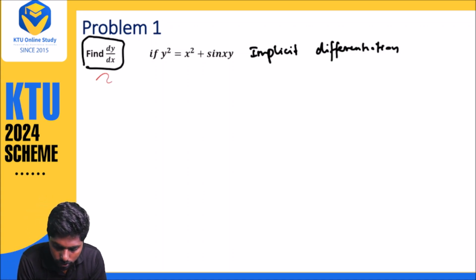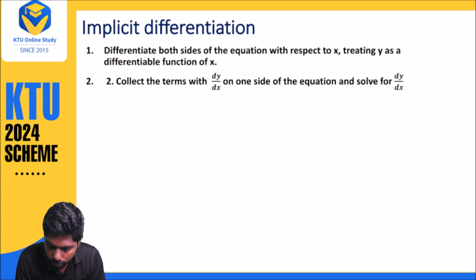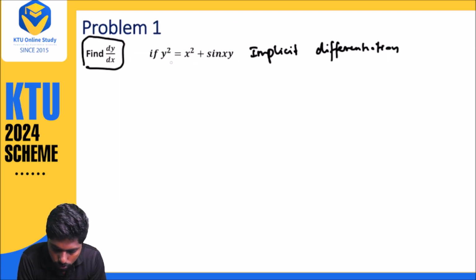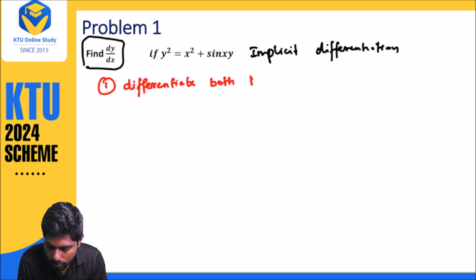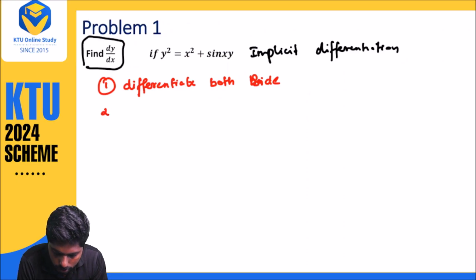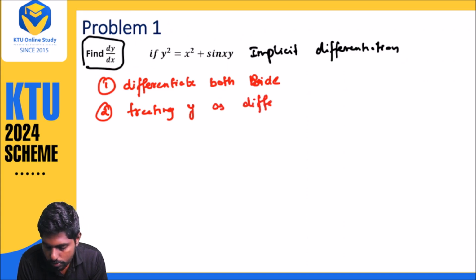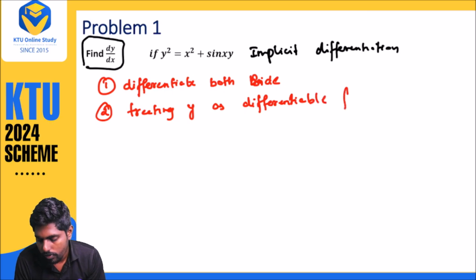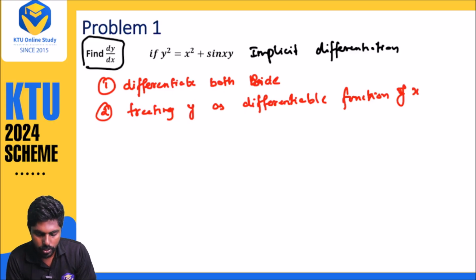Condition number 1: differentiate both sides. The second condition: treating y as a differentiable function of x. With both conditions we will be solving.